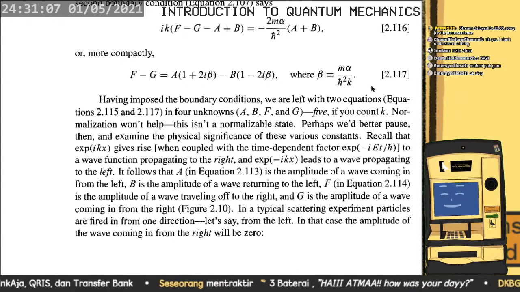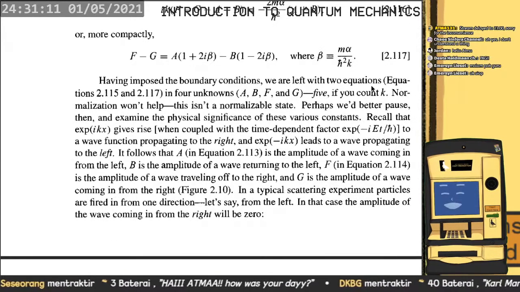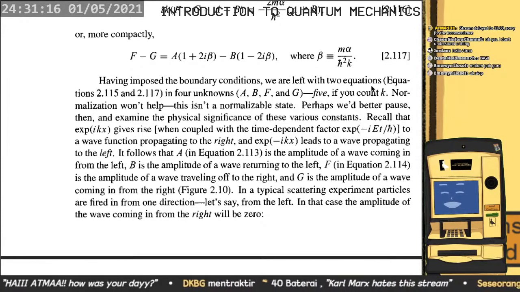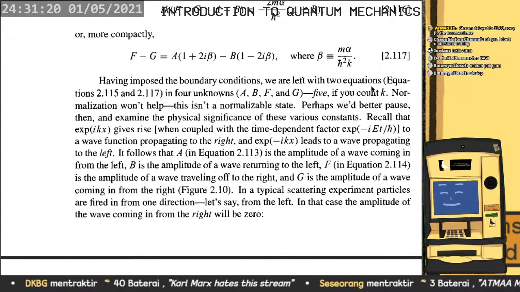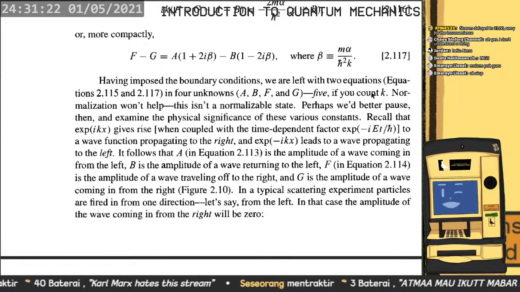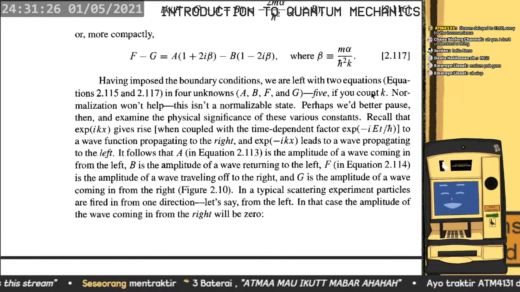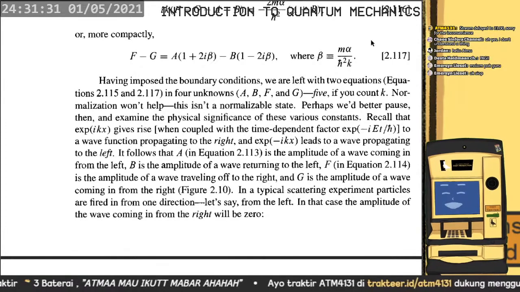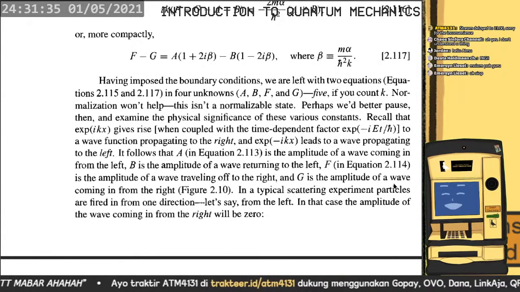Perhaps we'd better pause then and examine the physical significance of these various constants. Recall that e^(ikx), coupled with the right time dependence, gives rise to a wave function propagating to the right, and e^(−ikx) leads to a wave propagating to the left.